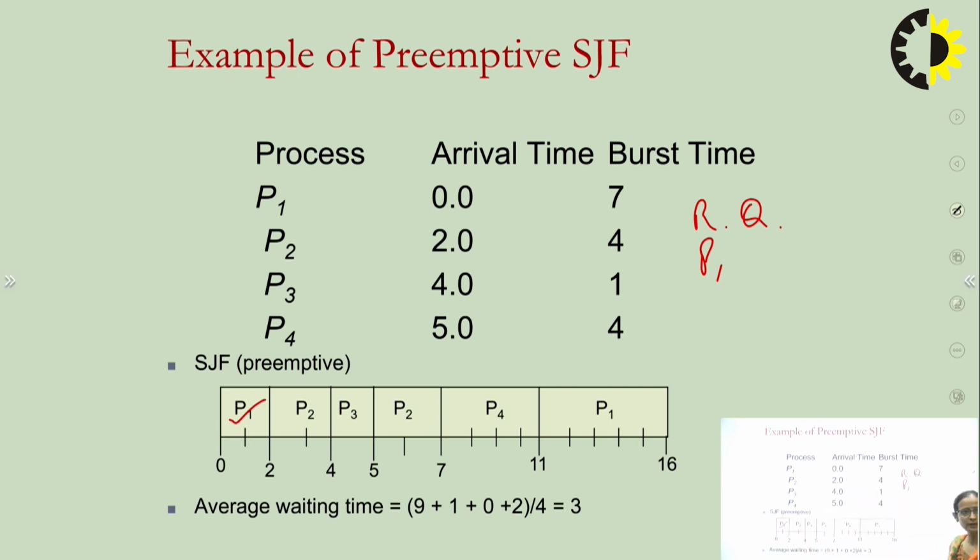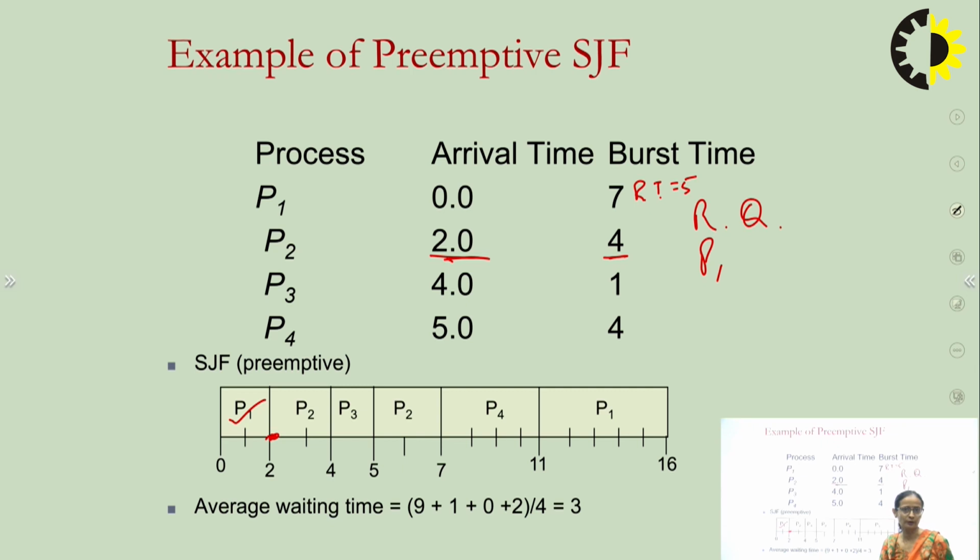But now what is happening? When P1 is running, P2 enters, at time 2 units. So at time 2 units, your preemptive SJF algorithm will make a decision. P2's burst time is 4, and at this time P1's remaining time is 5.